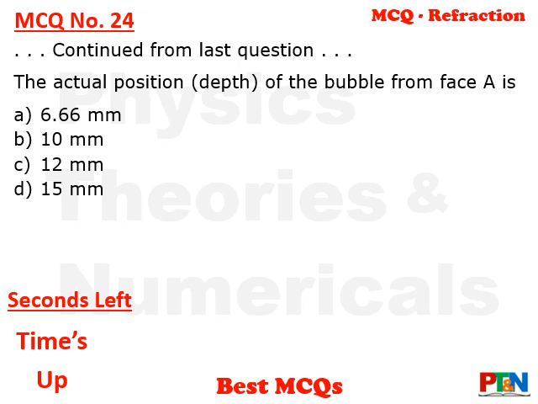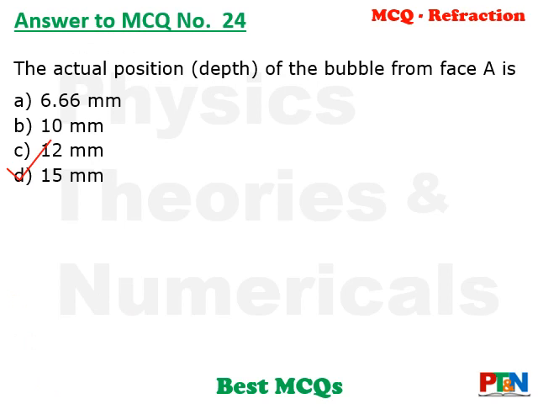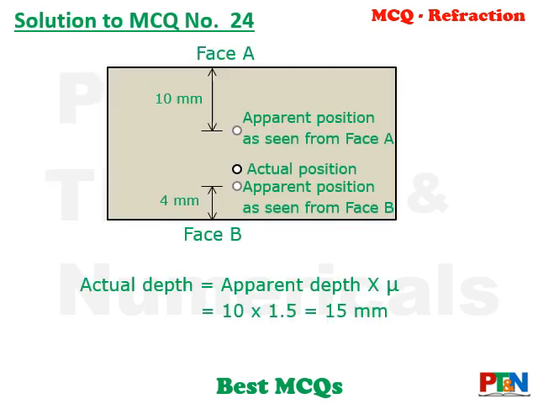Time's up. Hope you got your option. Let's see the answer. The answer is 15 mm. Again, let's understand the calculation. See, actual depth is apparent depth multiplied by mu, that is 10 into 1.5, that is 15 mm.